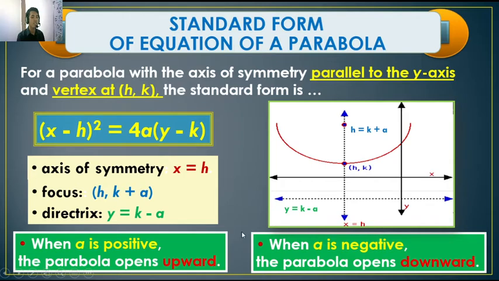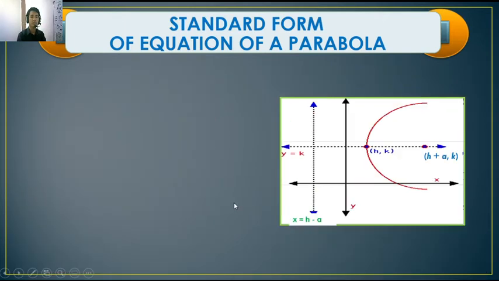So always remember, if our standard equation is in the form (x minus h) squared is equal to 4a times (y minus k), where x is being squared, the parabola opens upward or downward, specifically depending on the sign of a. Okay? And then next.